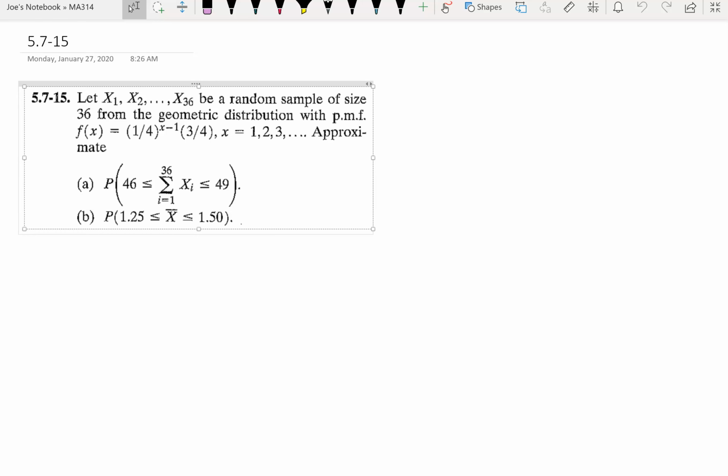All right, how about we do this one? Get it over with. It was ugly. Is the mean for this 1/3? Yes.